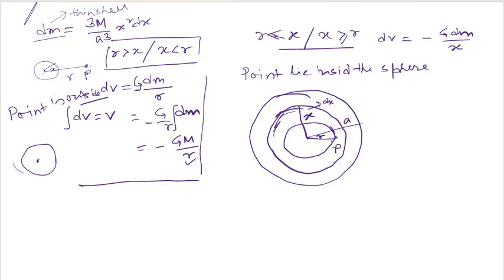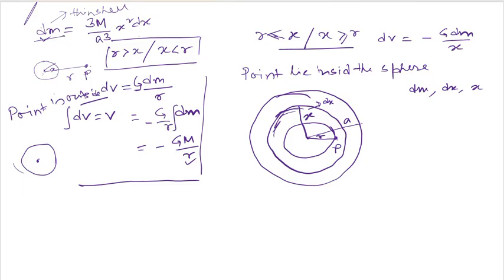Now why do we do that? The point P is inside, and for a solid sphere the mass is all over the sphere, not only on the surface. We already calculated the density and got dm. So at distance x we have stripped out a small thin hollow sphere whose mass is dm, thickness is dx, and radius is x, correct?